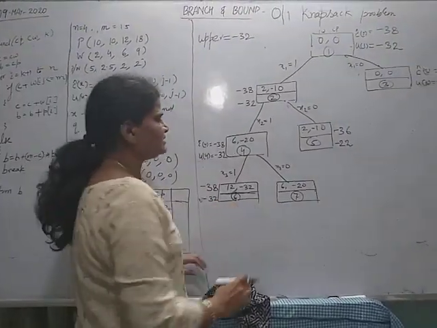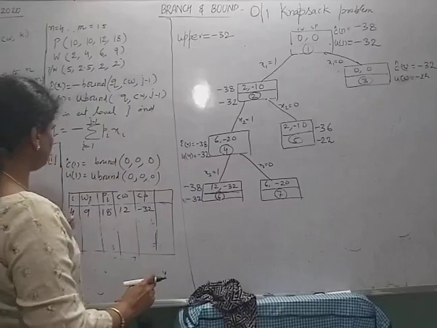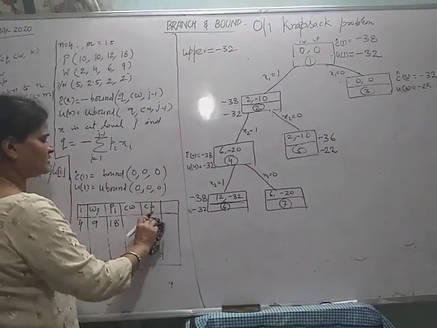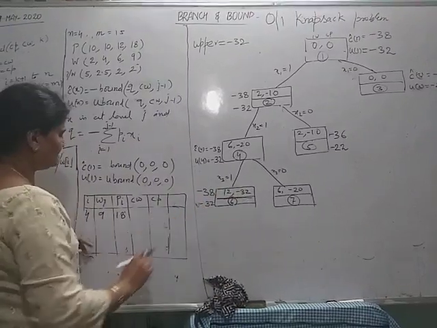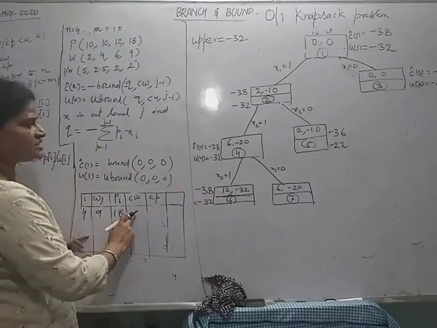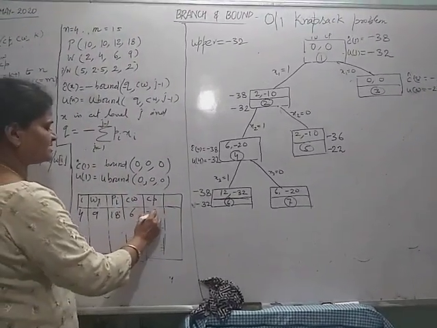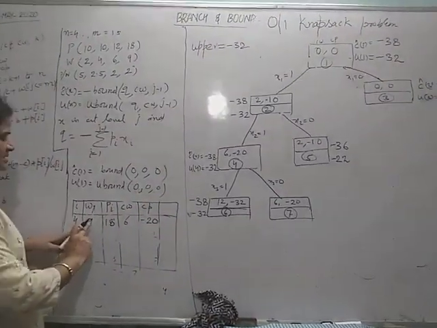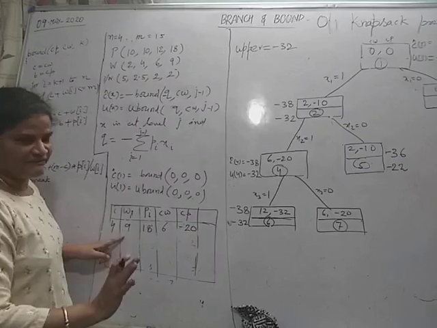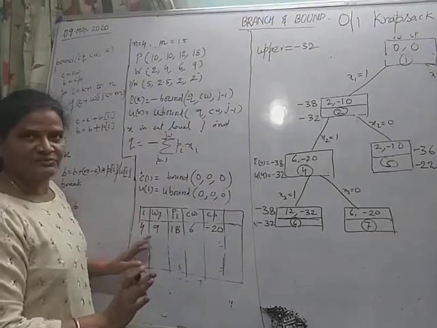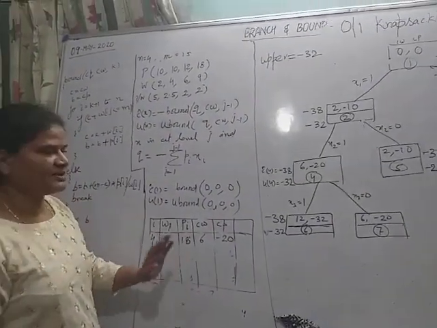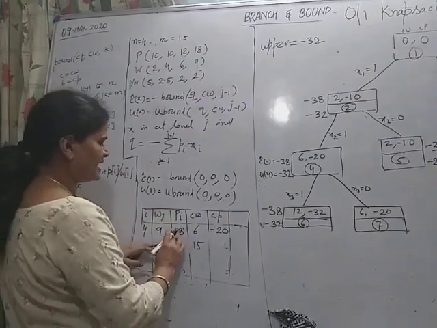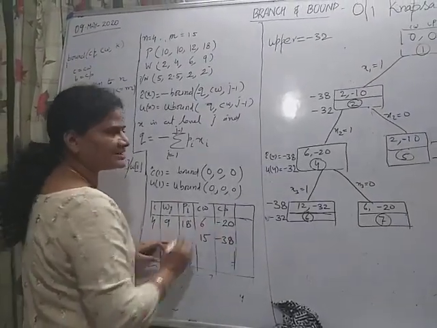Now here i is 4, and when we call the bound function, CW is 6, CP is minus 20, and the third object is excluded. 9 plus 6 is 15, so this fourth object can be included, and the weight is 15 and the profit is minus 38.